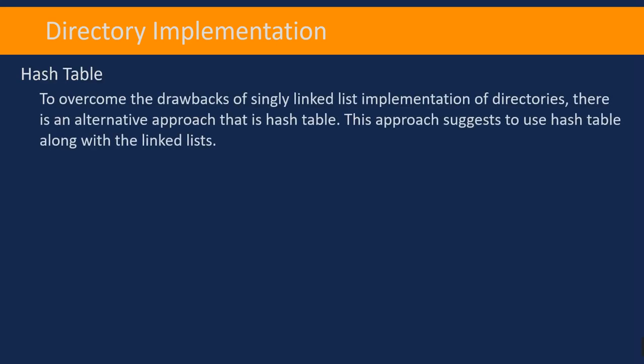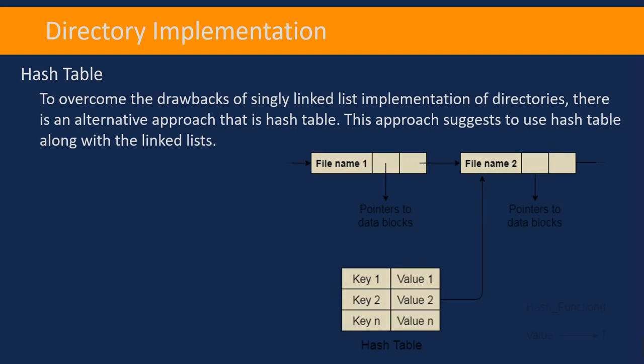Hash table. To overcome the drawbacks of the singly linked list implementation of directories, there is an alternative approach, that is the hash table. This approach suggests using a hash table along with the linked list. Here, you still have the linked list. See the problem with the linked list: when you add a new file, it's either added to the last part or the first part, because it's one straight line.